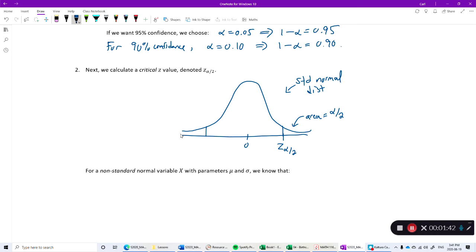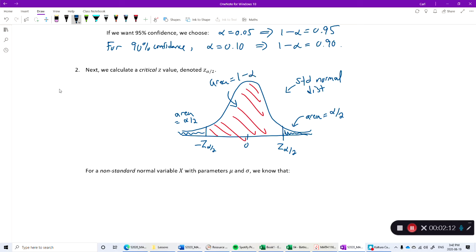Because the other half of the area is in the left tail, and this number is going to be negative Z alpha over 2. And then that means that the area in the middle is 1 minus alpha.